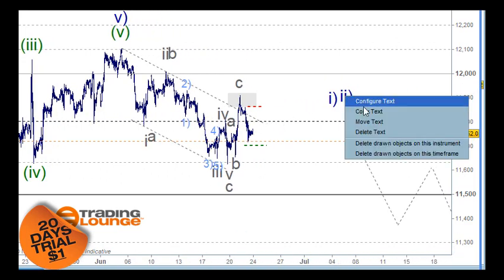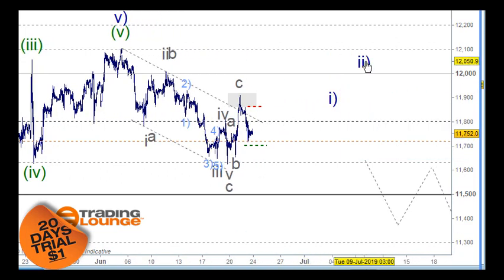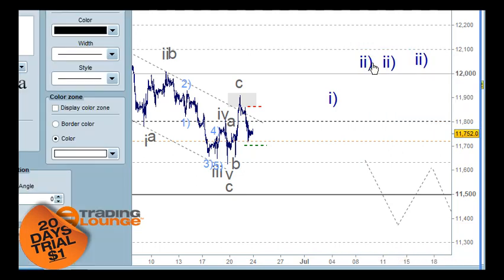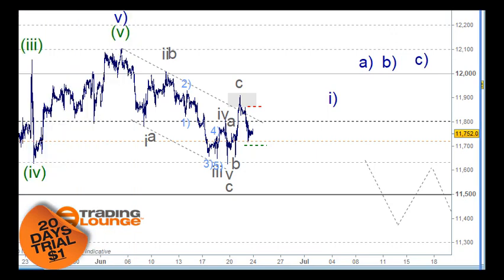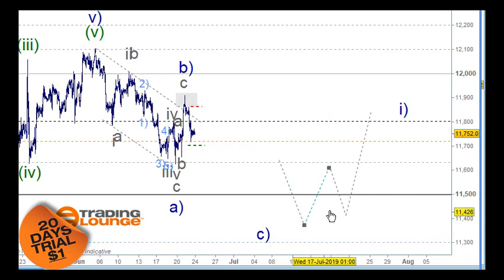I would need to label these a little bit differently here. An A wave here, B wave here, and a C wave down through here. I'll just move that out the way.